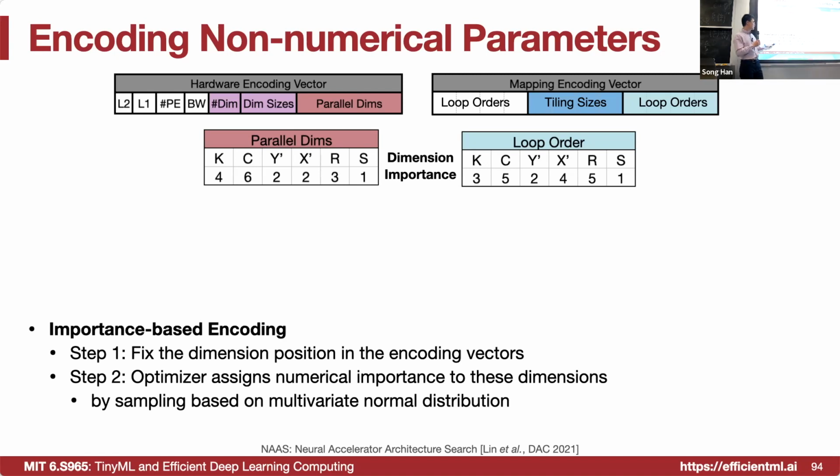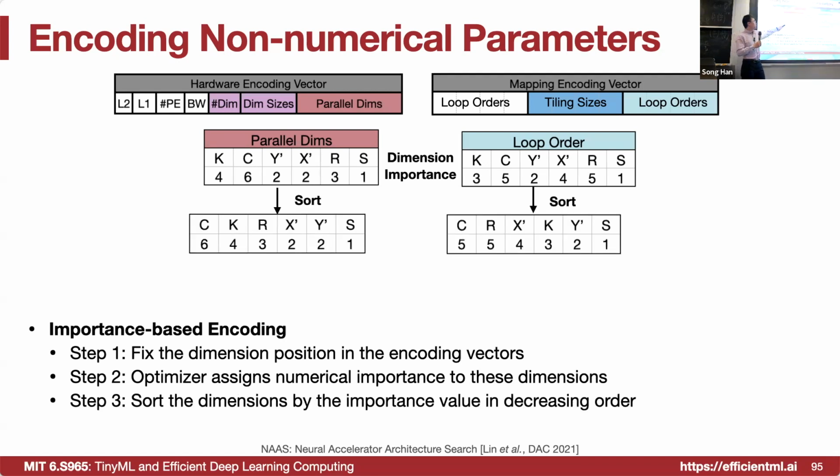We can sample from a multivariate normal distribution, for example, and then sort it. The largest one corresponds to the most important dimension, which we are going to put in the outer loop since it has the best locality.